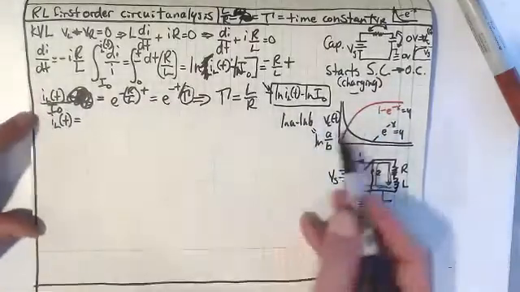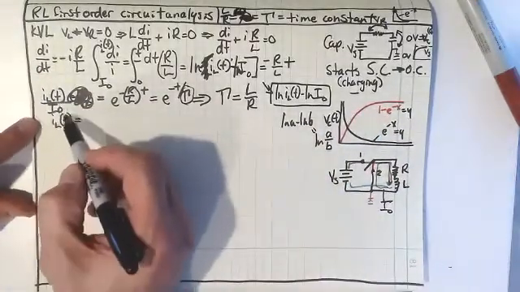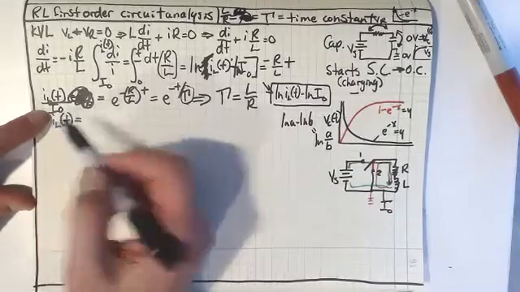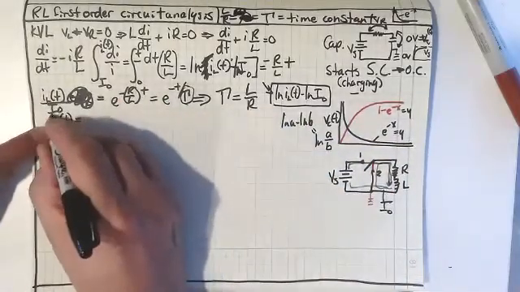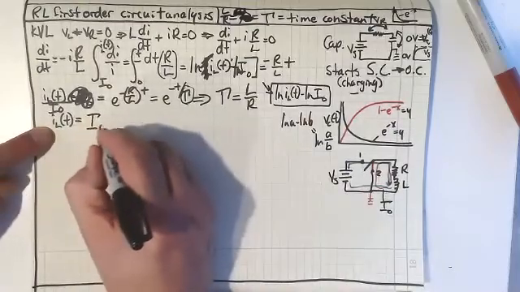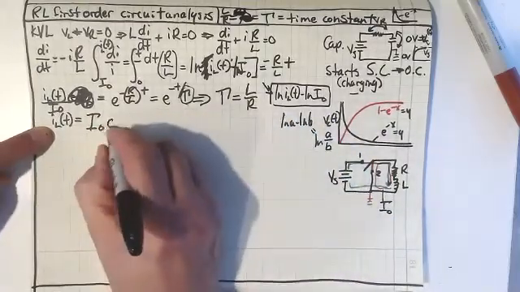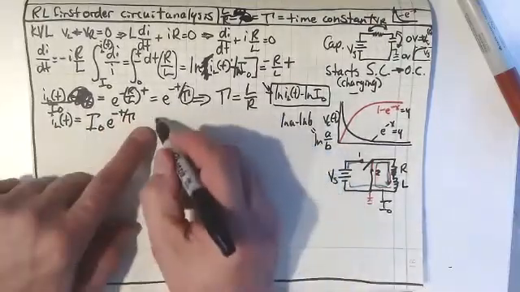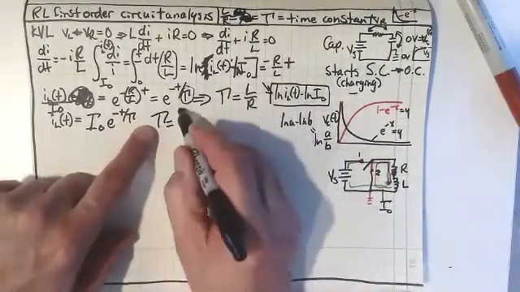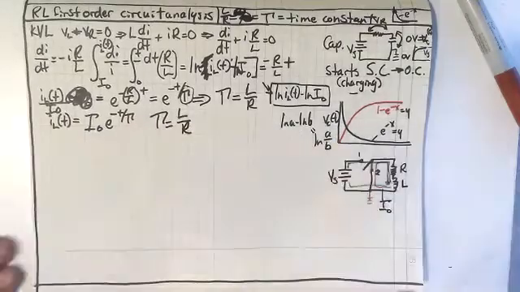And so that's why I had the natural log of I sub L of t over I sub 0. That I sub 0 then would come up into the other side. And so we get I sub L of t equals I sub 0 e to the minus t over tau, where tau is equal to L over R.